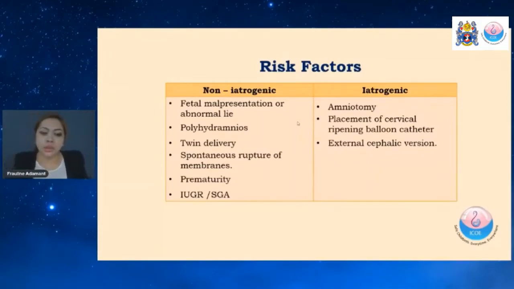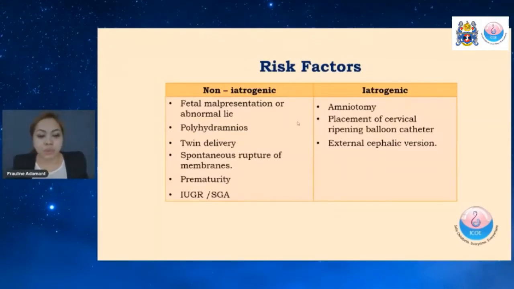In twin delivery, it is sometimes also associated with malpresentation of the second twin. Normally, the second twin will come out in breech presentation, and breech presentation is very risky for the umbilical cord to come down first before the fetal buttock.